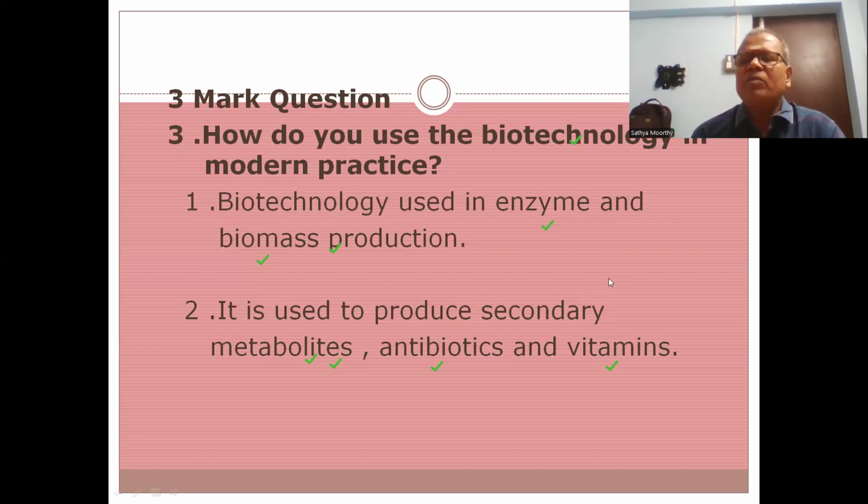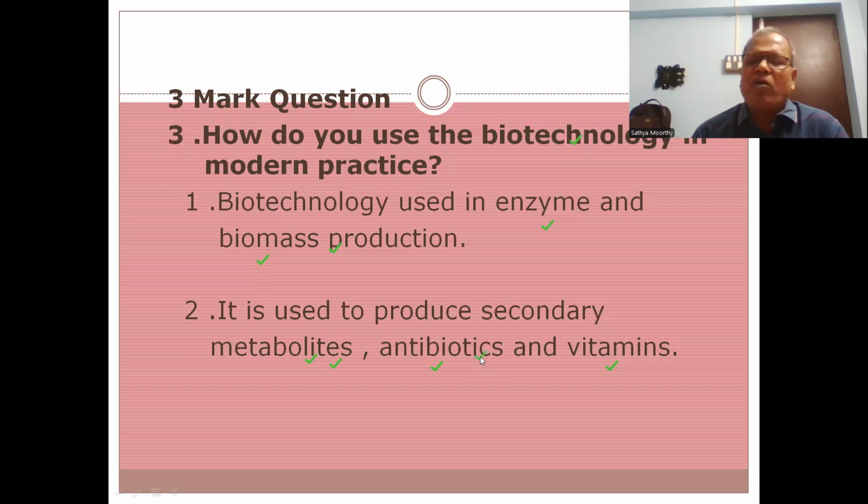This metabolism produces primary metabolites and secondary metabolites. Primary metabolites are the chemicals produced in large quantities, for example carbohydrates, fats, proteins, or nucleic acids. And secondary metabolites are produced by the plant in very minute quantities. They are very useful to other organisms, not to the plant.